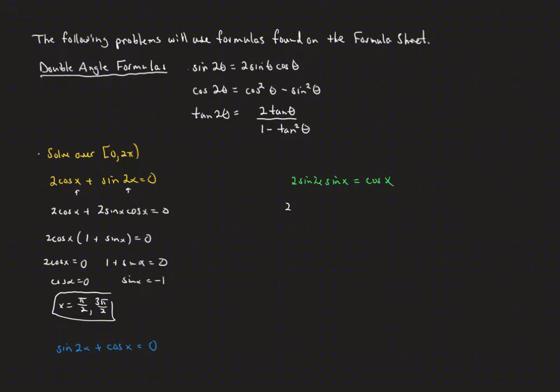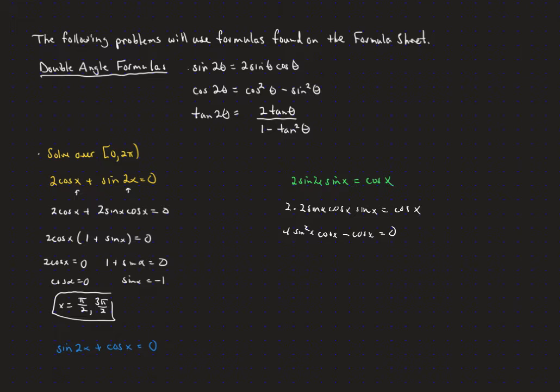We have the 2 already outside, and then the sine 2x is 2 sine x cosine x. We have that other sine x, and then finally equals our cosine x. So it looks like we can call that 4 sine squared x cosine x. Let's subtract that cosine x to make it equal to 0.